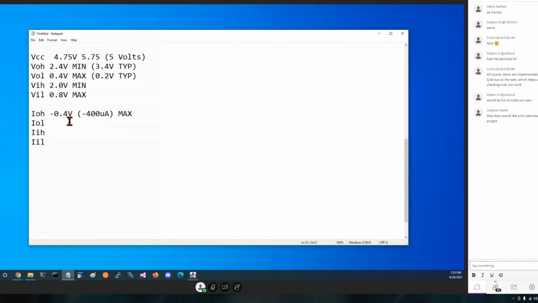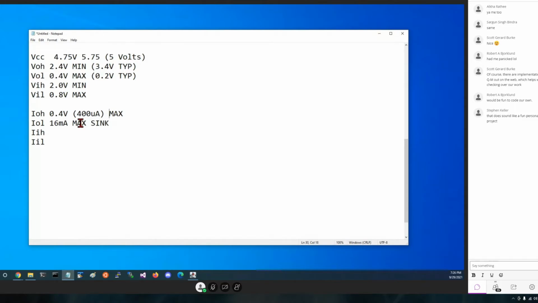When it's low, it's able to produce 16 milliamps. I'll sort out the minuses when we're a little further along here, because I have it on my sheet here in a different order. So it can take 16 milliamps maximum. And actually, this is a sink.